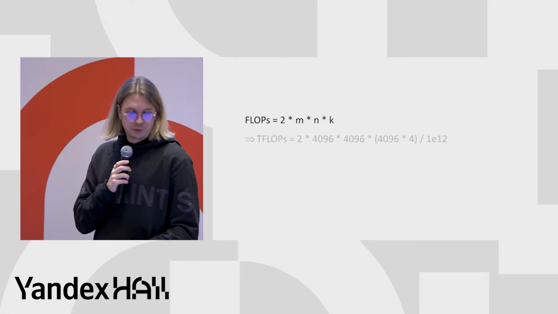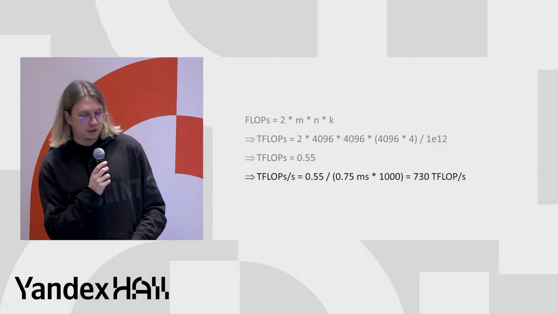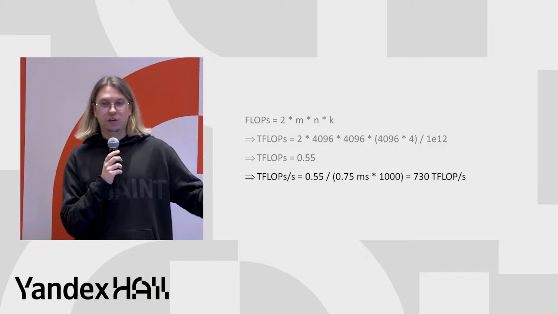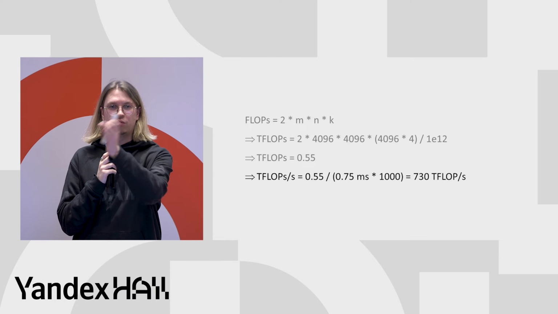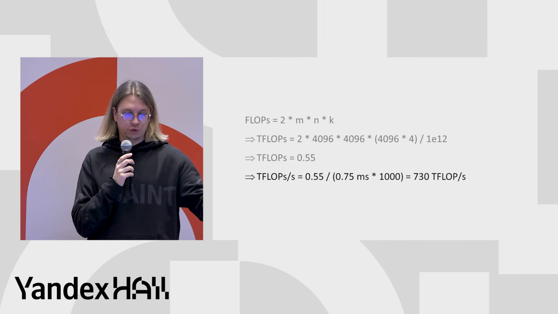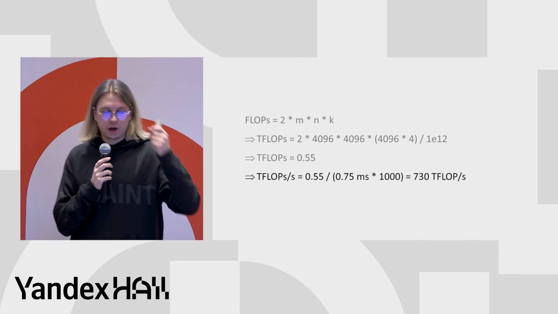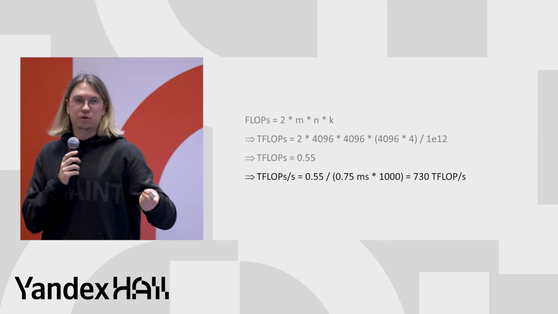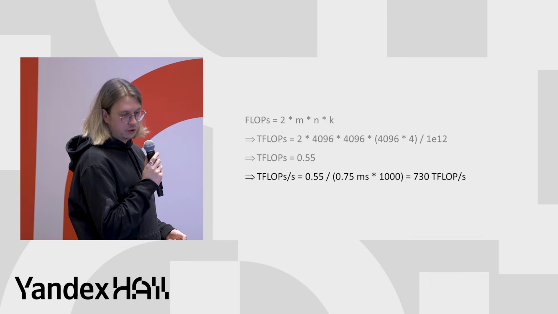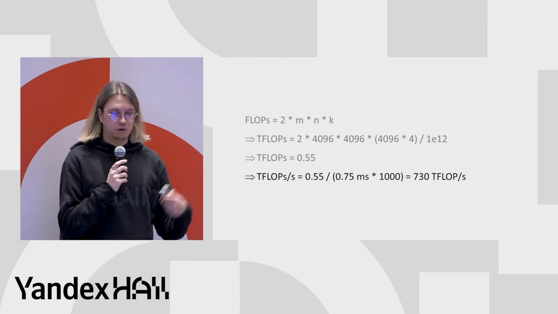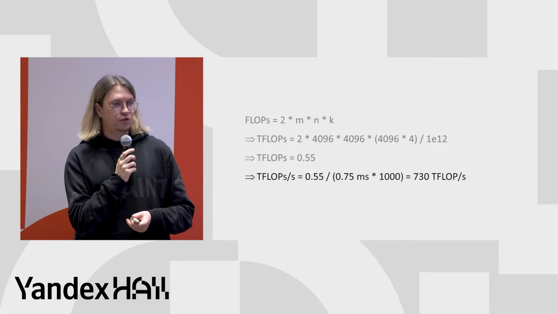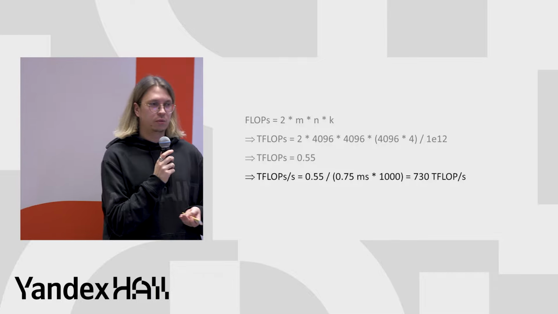So we can actually compute as well the ideal time for the matrix multiplication. To do this, we can just count the number of operations we would have to do, and we know the ideal number of operations our GPU can run per second. So based on these numbers, we can arrive at the estimation that our matrix multiplication is working at approximately 700 teraflops, which is really close to the optimal numbers, right?